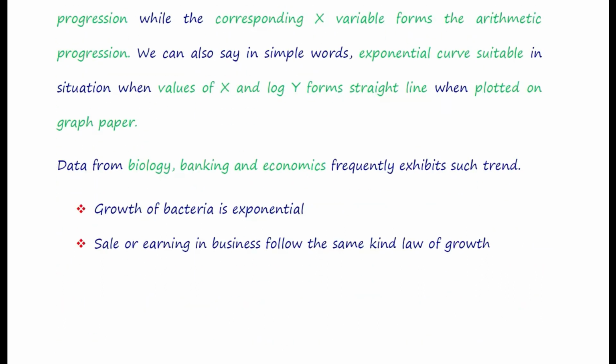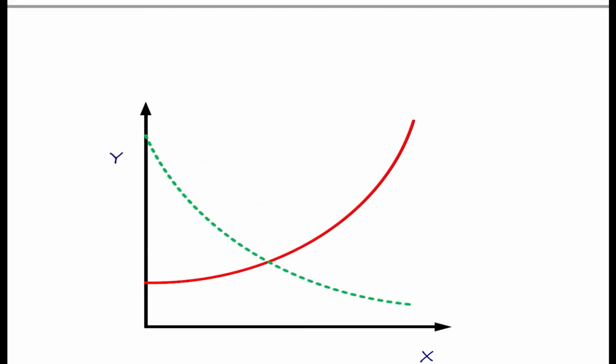We can see this in the graph of exponential curve. Here, if the value of b is greater than 1, then the curve goes upward, and in case of b less than 1, the curve falls downward. This curve is shown as a broken curve for distinction purpose.